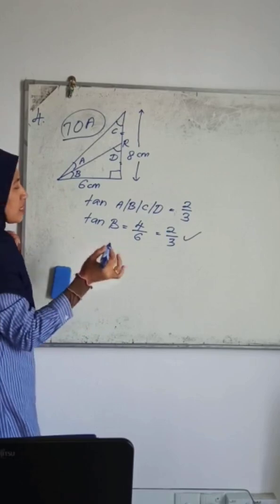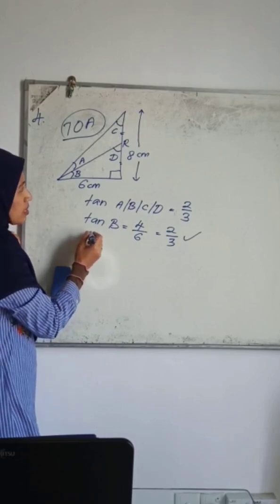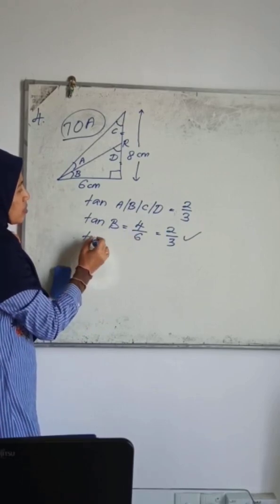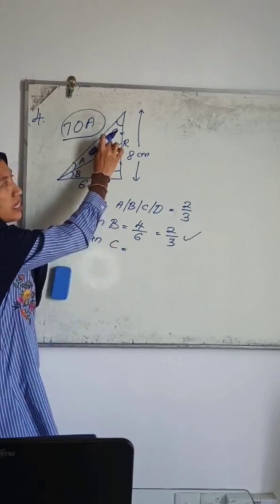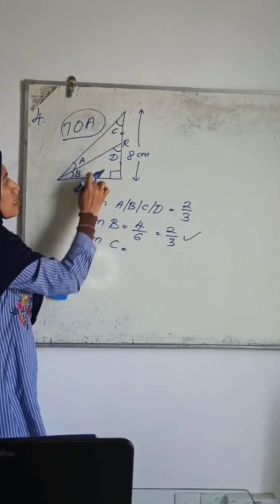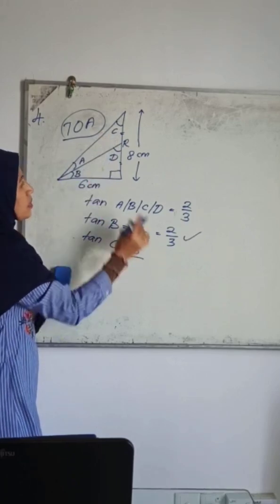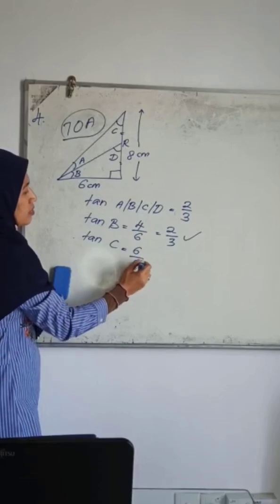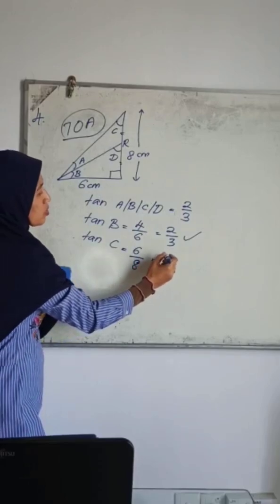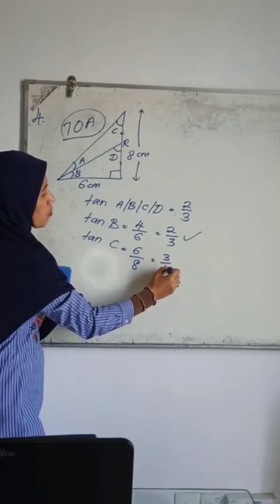Let us discuss tangent C and D. For angle C, opposite 6 per adjacent 8, which is 3 per 4.